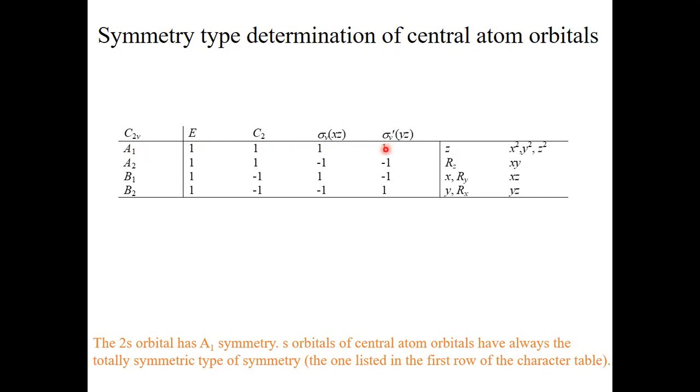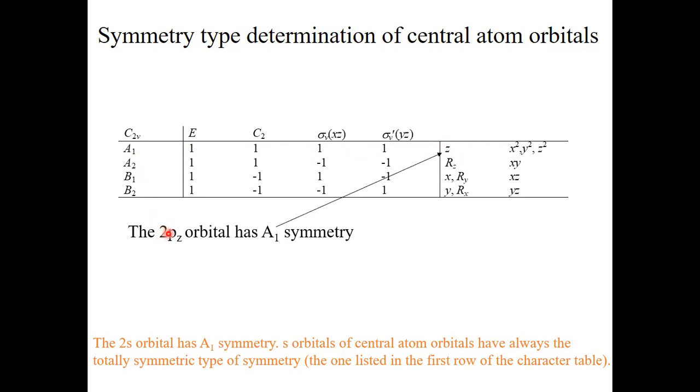So what are the symmetry types of the 2p orbitals? That you can now see here in that part of the character table. We know that a p orbital is a linear function of a coordinate. So the pz orbital is a linear function of the z coordinate. You see that the z coordinate is here in the line for the symmetry type A1.